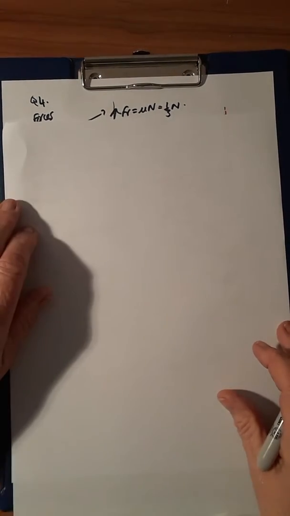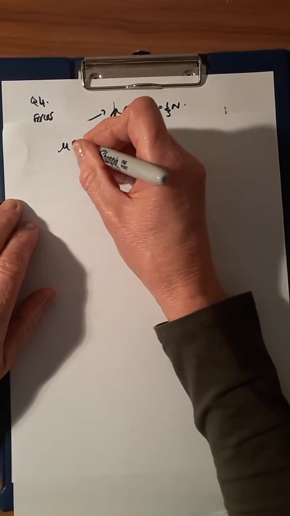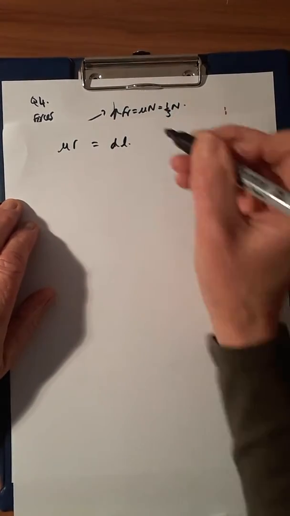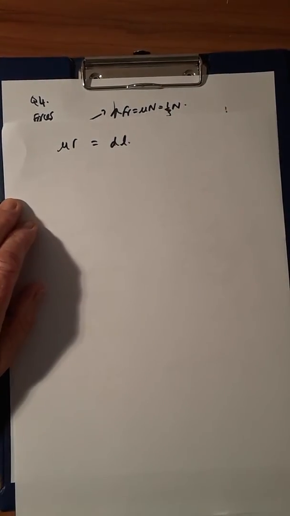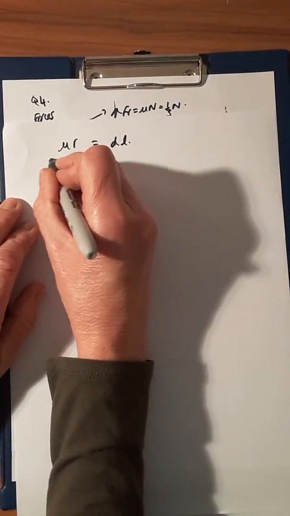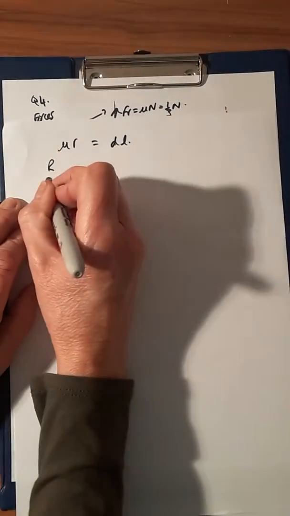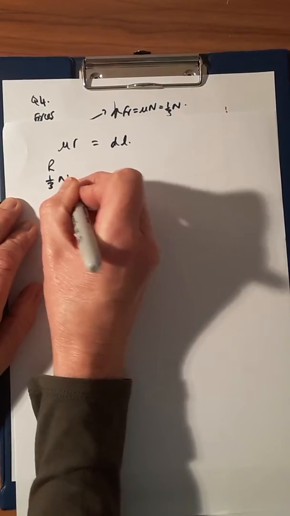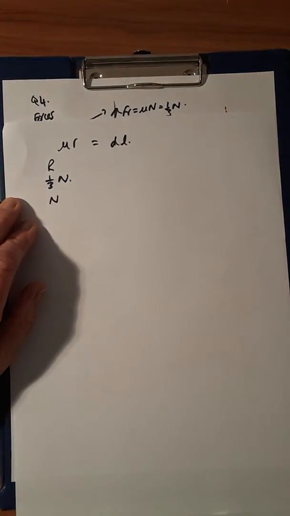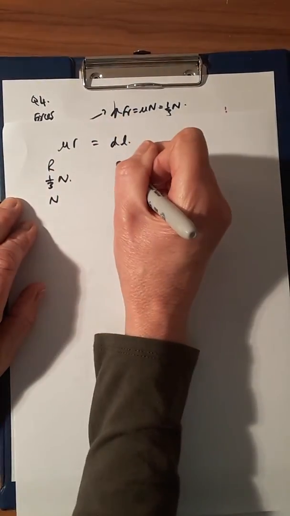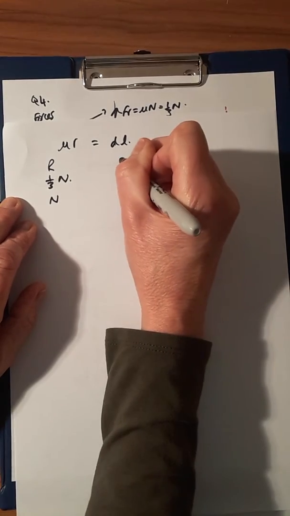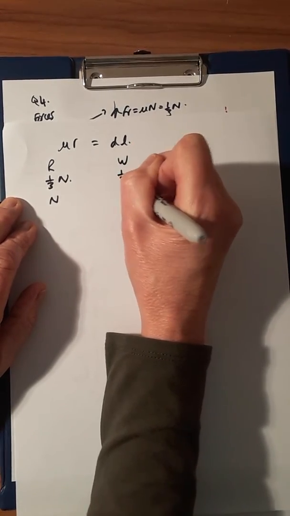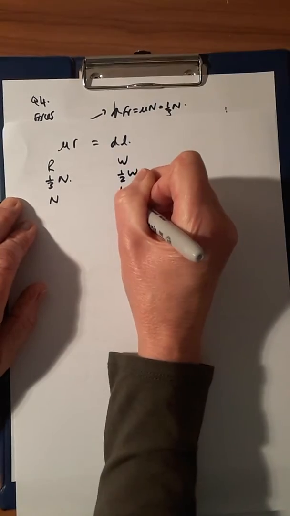So up from the right equals down from the left. Now the forces up from the right were the R force, the 1/3 N force and the N force. The ones coming down from the left were the W force, the half W force and the half R force.